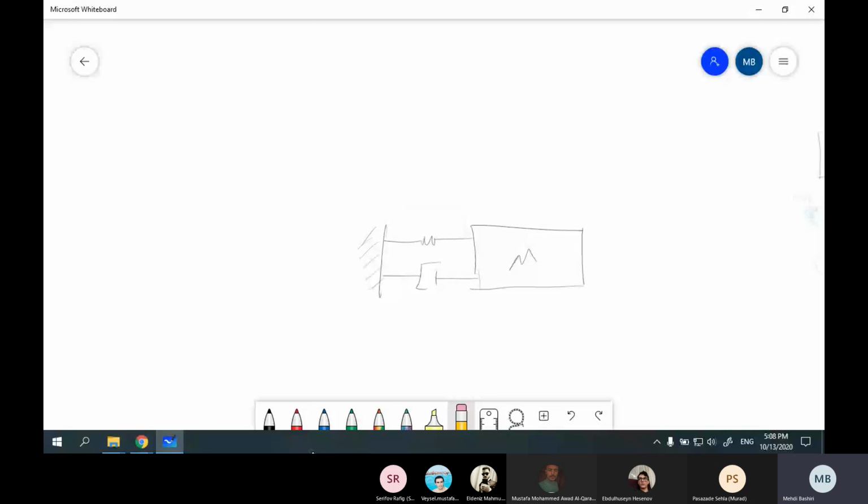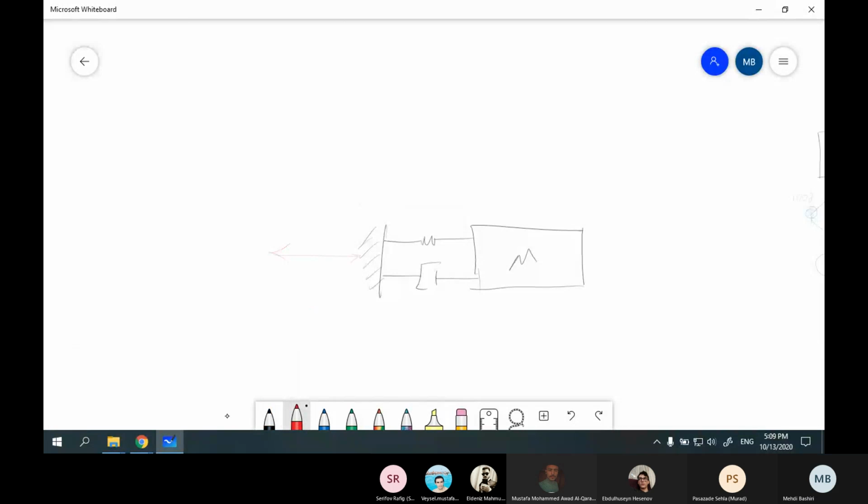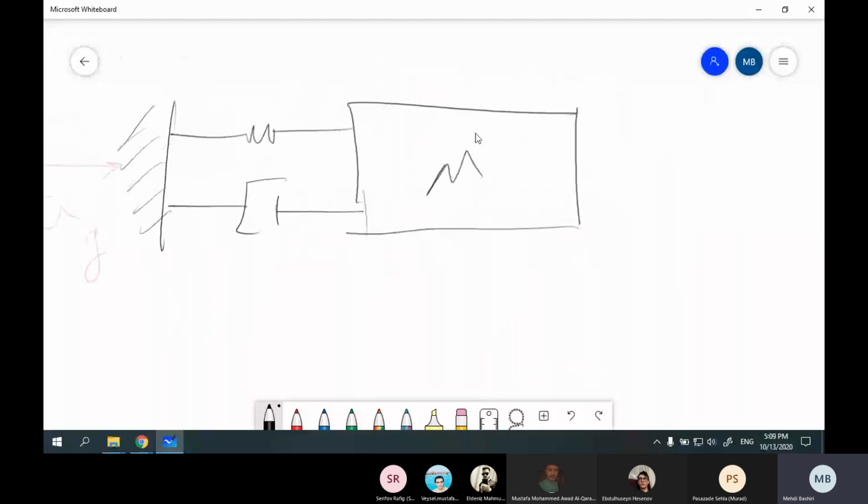Suppose that you have an earthquake like this with an acceleration of a_g, the ground acceleration. What is the first step? Free body diagram. The important thing is this mass, so you have to see what type of forces are acting on this mass.